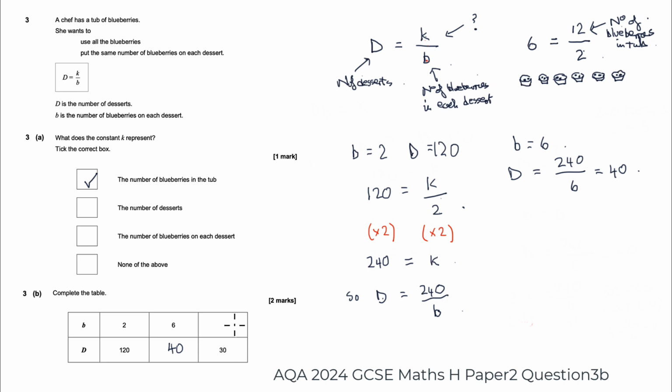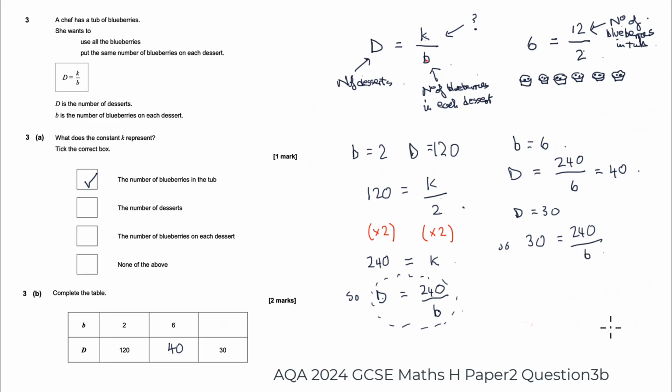The last one, we've to find B. We know that D is 30. So again, let's use this formula. But this time we know D is 30. So what does that mean? Well, it means that 30 is 240 divided by something.